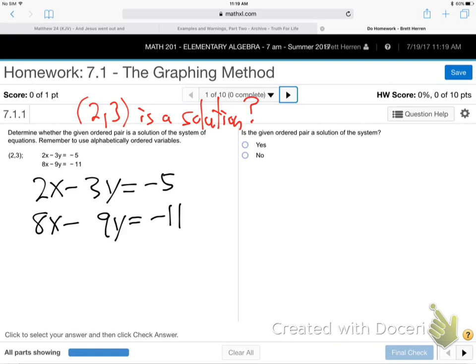Yes or no? It's just a yes/no question. I'm just going to bubble yes, or I'm going to bubble no.